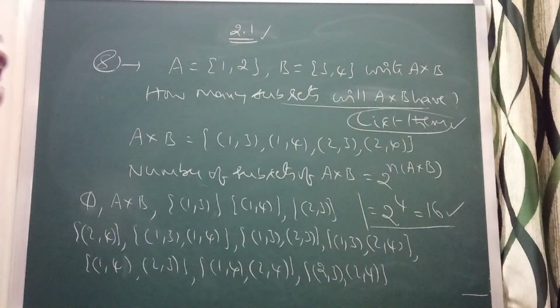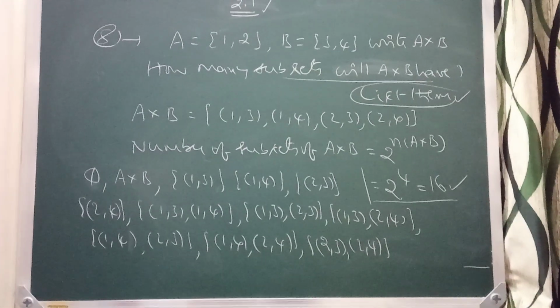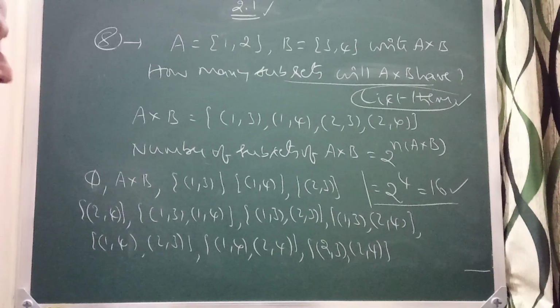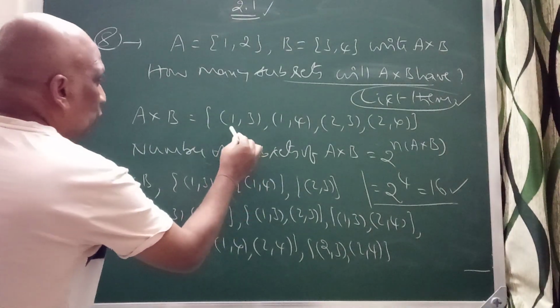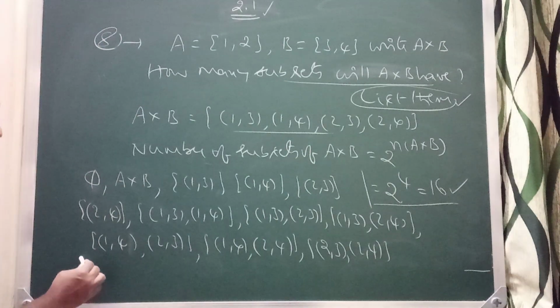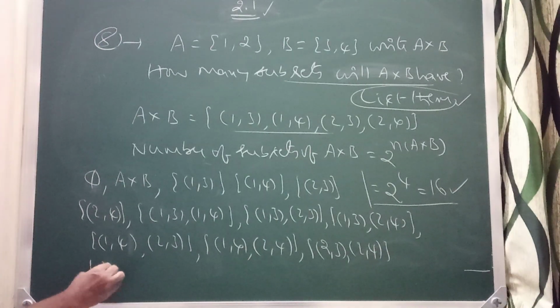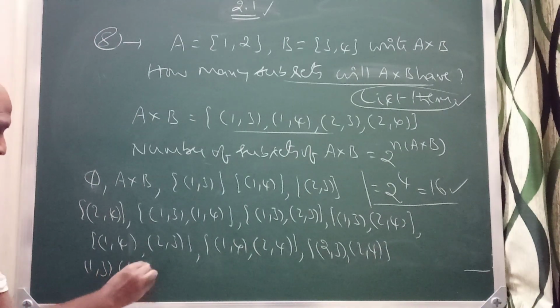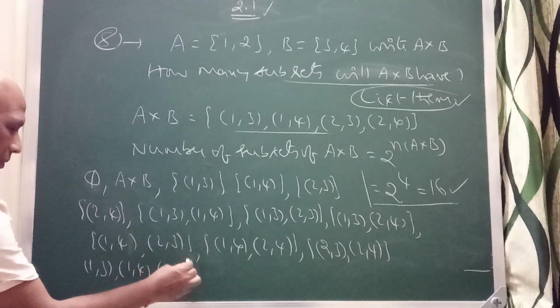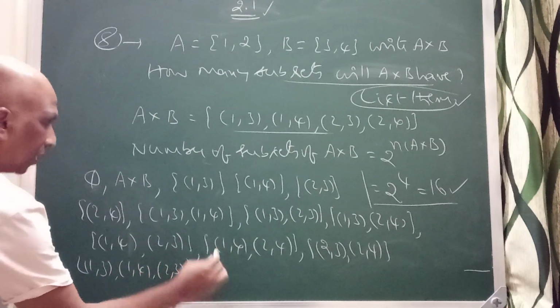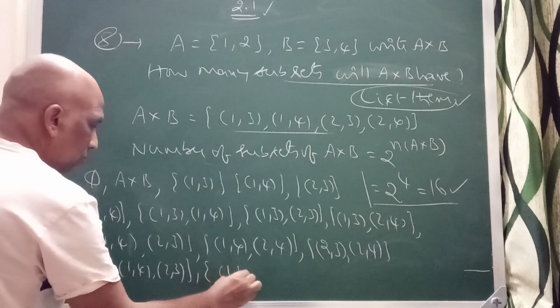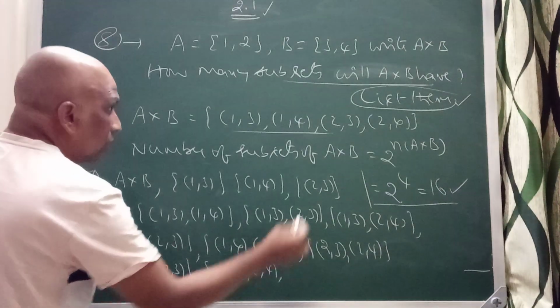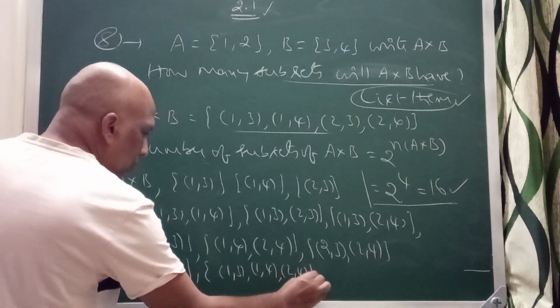So what is the combination of 3 3? You can observe here. When I am talking about the combination of 3 3, suppose you take the combination of this, I can write 1 3, 1 4, 2 3, right? I can write 1 3, 1 4, 2 4, right?